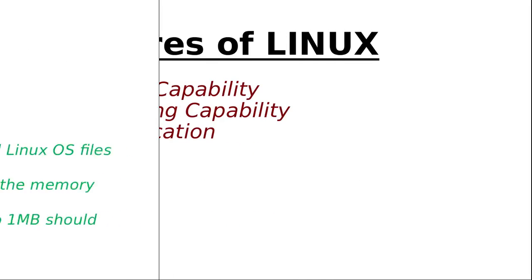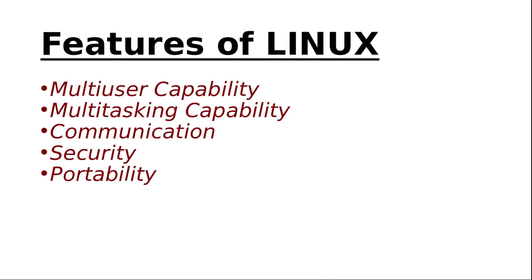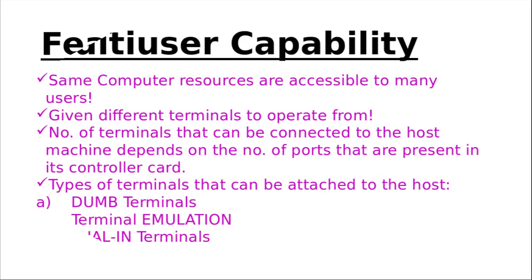Next comes the salient features of Linux. They are multi-user, multitasking, communication, security, and portability. We'll start with multi-user capability. In a multi-user system, the same computer resources, that is hard disk, memory, etc., are accessible to many users.